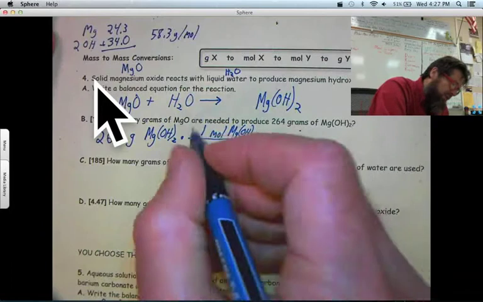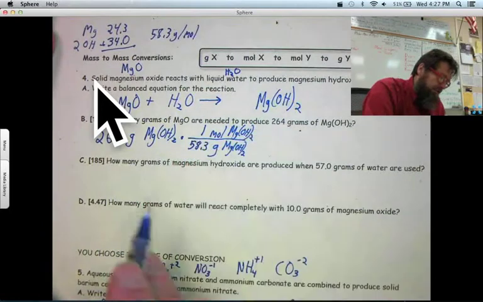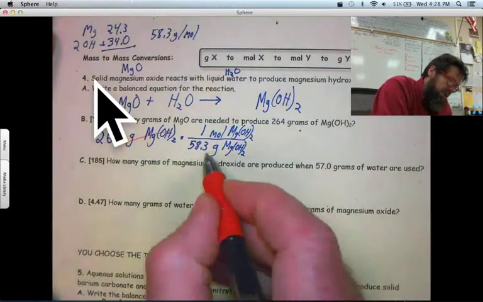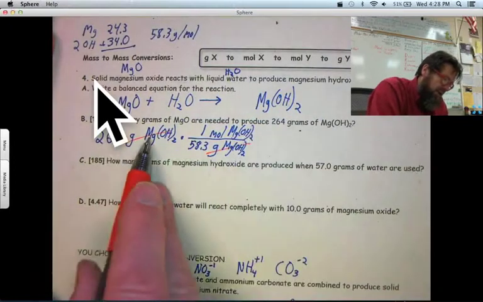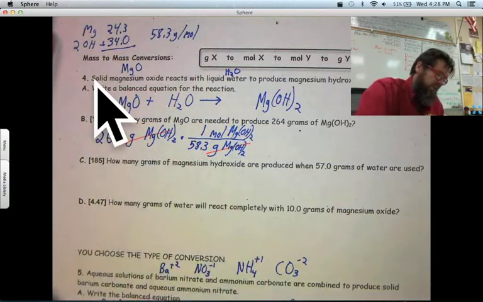So we'll use that right here, 58.3. And canceling our units, we've converted out of the given grams to the number of moles of Mg(OH)2.